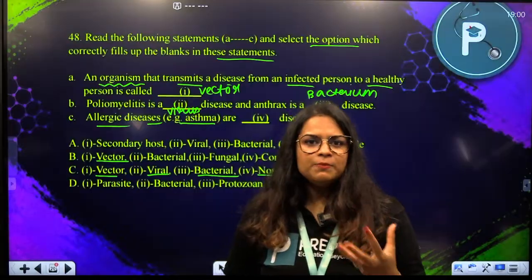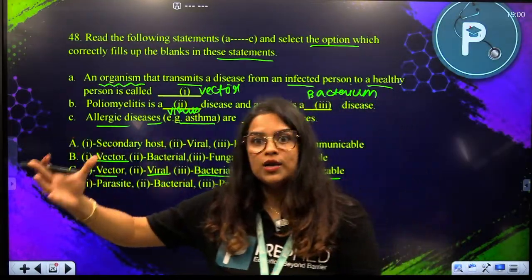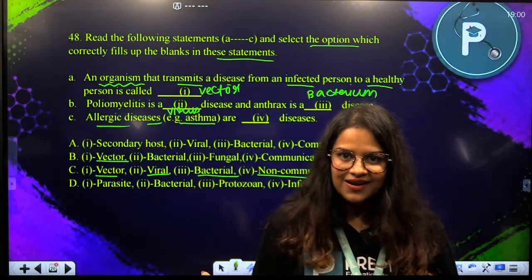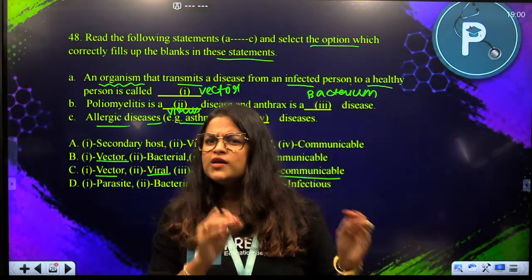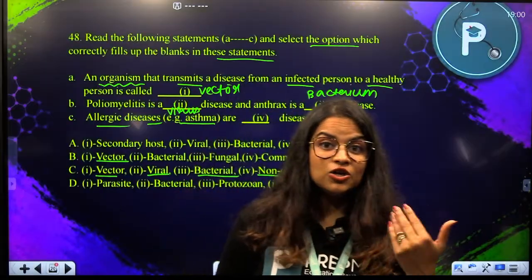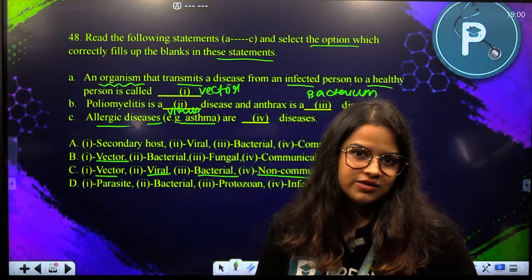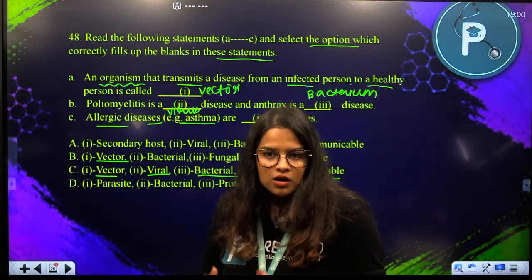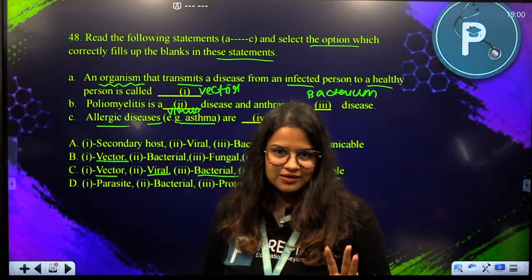In asthma, people can have an allergic reaction to pollen, to dust particles. So our immune system is showing an over-exaggerated response. So I cannot contract it just by sitting with you, sharing the same towel, or eating food from the same plate. We can't contract it like that, okay?